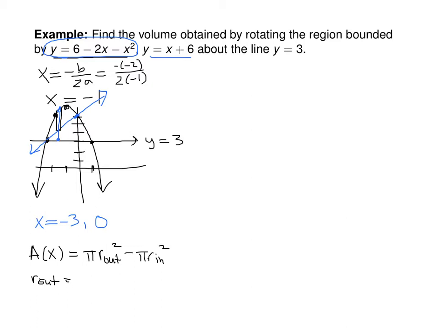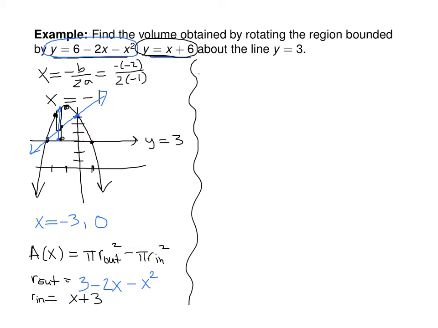So my r out will be 3 minus 2x minus x squared. Similarly, r in is the distance from the axis of rotation to the inner curve, and that will be x plus 6 minus 3, or x plus 3.